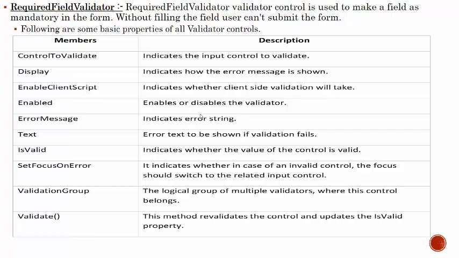Next one is ErrorMessage. It indicates the error string. Here we need to specify the error message. Next property is Text. The Text property is shown if the validation fails.